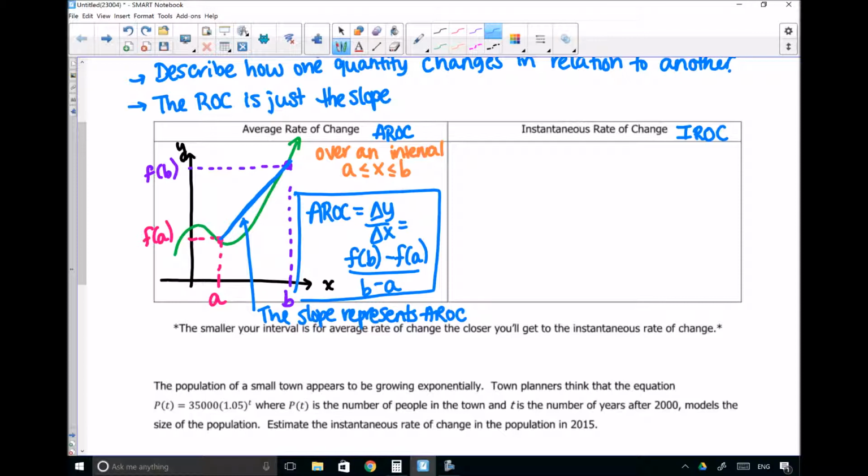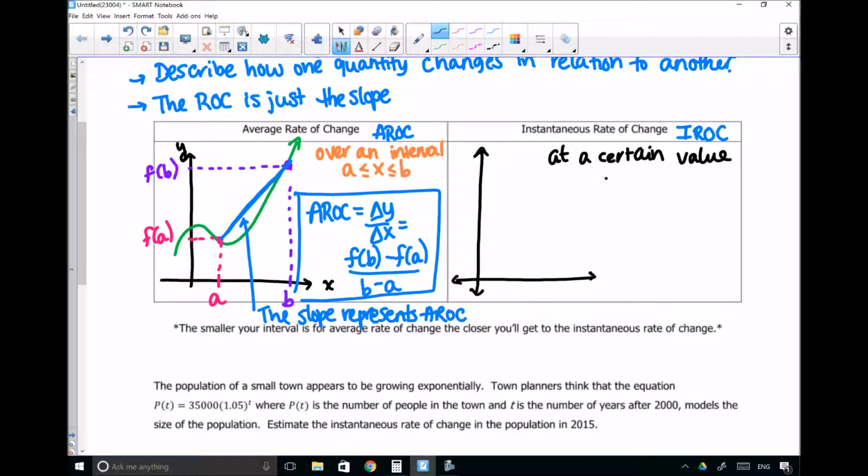Okay? So now that we know graphically what average rate of change means, let's talk about what the instantaneous rate of change means. So our instantaneous rate of change is not along an interval. Our instantaneous rate of change is always going to occur at a certain value, not over an interval.